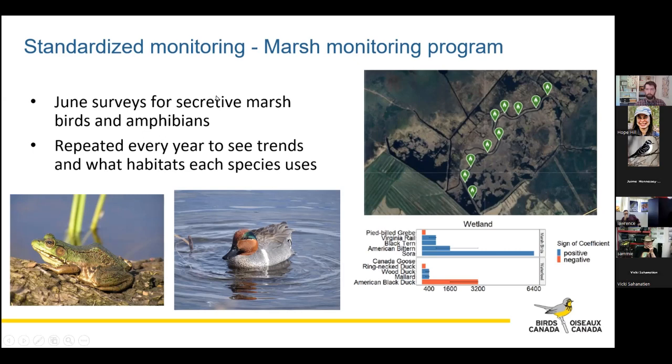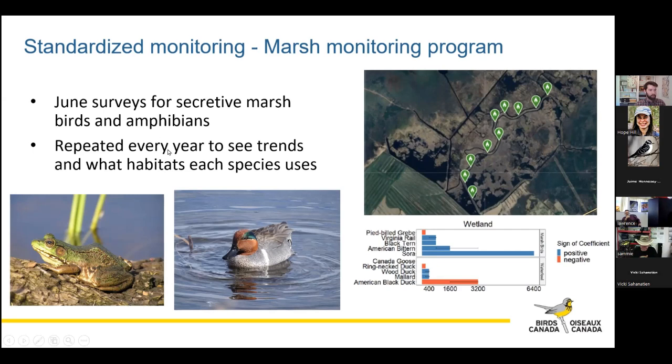And they're mostly focused on trying to detect secretive marsh species. So things like Sora or Virginia Rail, species that kind of hide in cattails a lot, are pretty hard to see. But if you're out there early in the morning, they call. And if you play their calls, then they're more likely to call back. And so that is used in this survey as well.